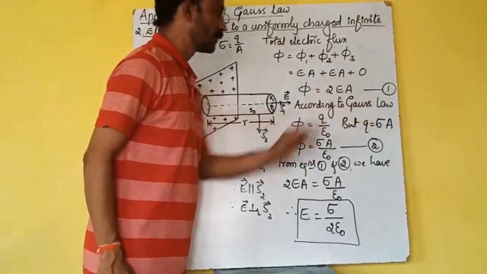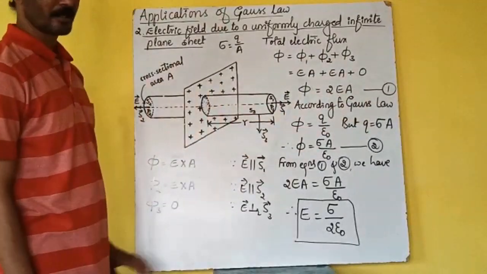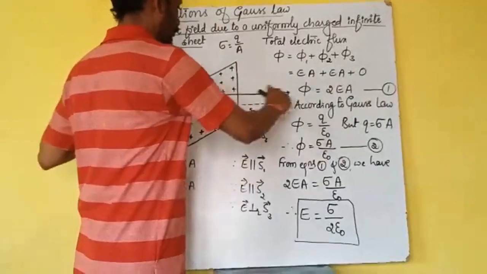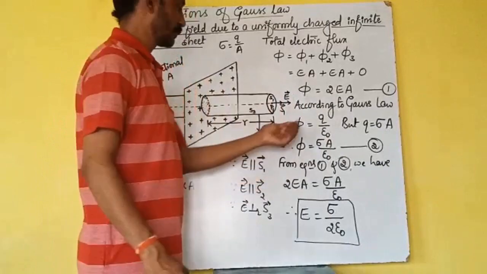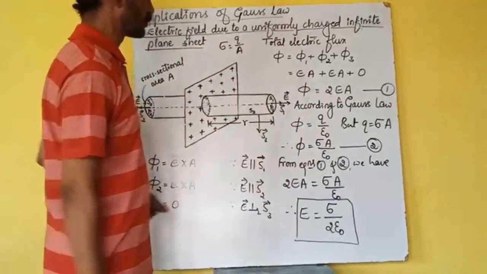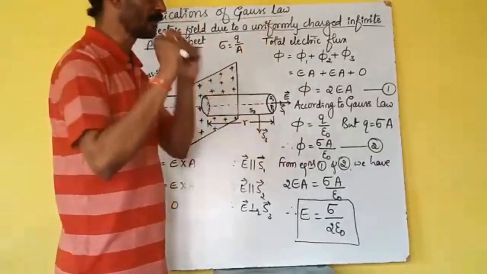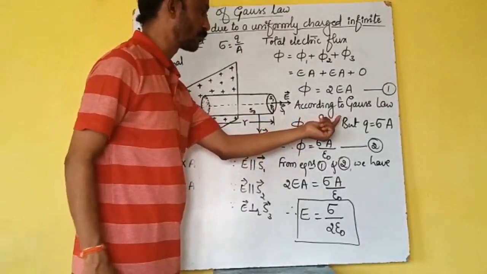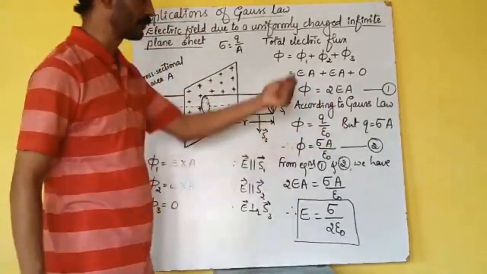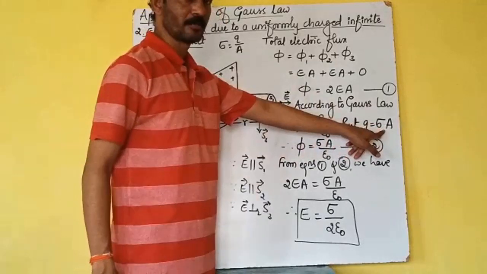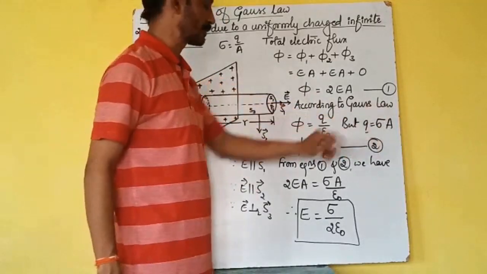According to Gauss law, the total electric flux through any closed surface, and the Gaussian surface is also a hypothetical closed surface, meaning an imaginary closed surface, is phi equal to Q by epsilon naught. But Q is equal to sigma into A, where sigma is the surface charge density.